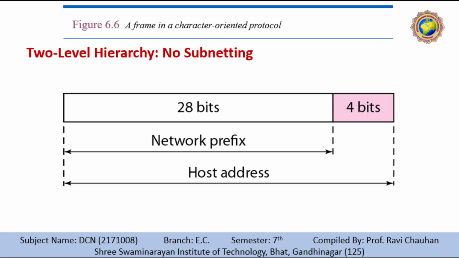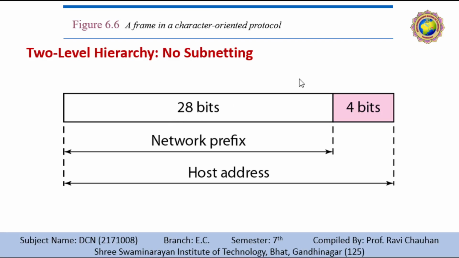So what is the 2-level hierarchy? There is no subnetting over here. An IP address can define only 2 levels of hierarchy when not subnetted. Means subnetting is not there. The leftmost n bits of the address x.y.z.t/n define the network, just the organization network.